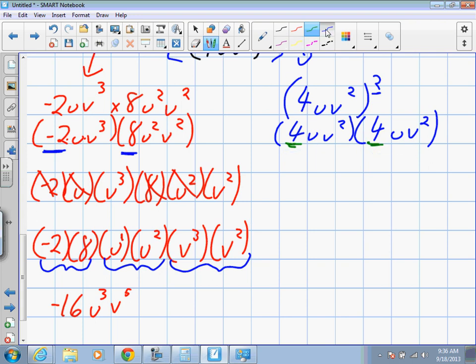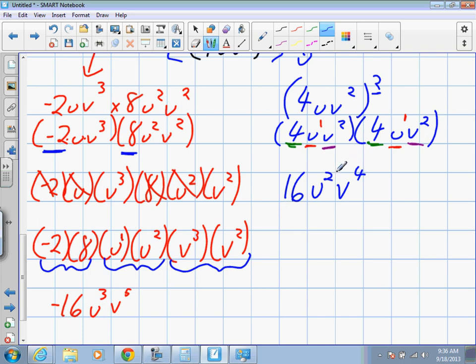What would u to the power of 1 times u to the power of 1 be? u2. We add the two exponents together, right? And finally, v to the power of 2 times v to the power of 2 gives us v4. Great.